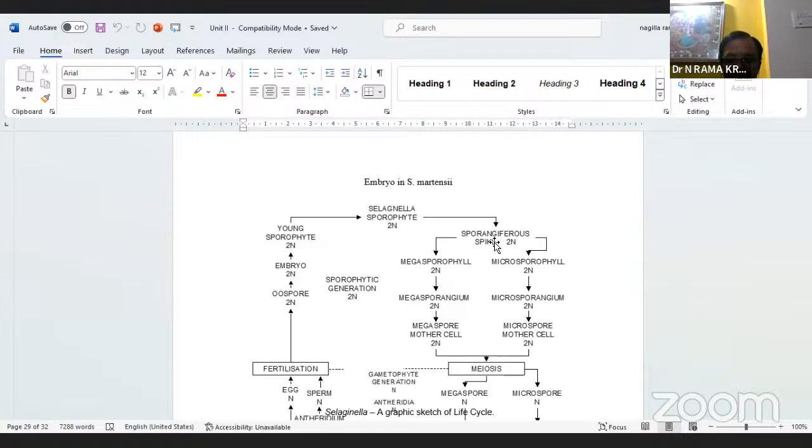The dichotomous branches of these plants were known as telomes. When we look at the Rhynia plant, it is a very simple structure. There are no nodes and internodes, and no small structures or appendage-like structures.